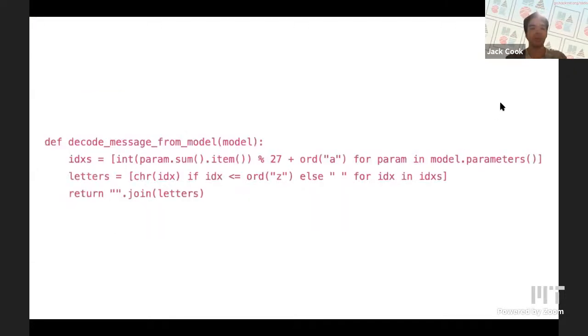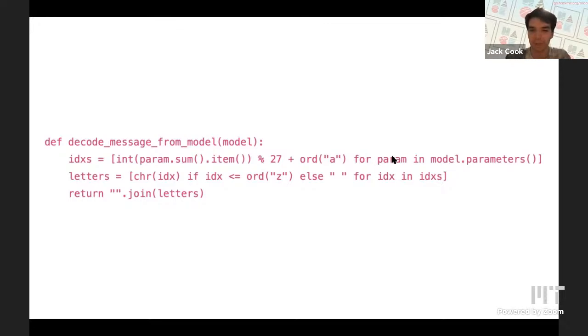Okay, so here's the function called decode message from model, because that's what it does. If you're not familiar with Python, it's okay. I'll try to walk through this. This first line creates an array of characters, and it does this for each parameter in model.parameters. model.parameters is just a list of the weight matrices of this model.